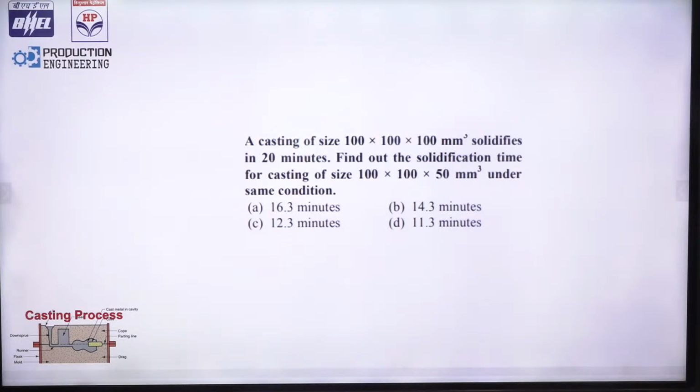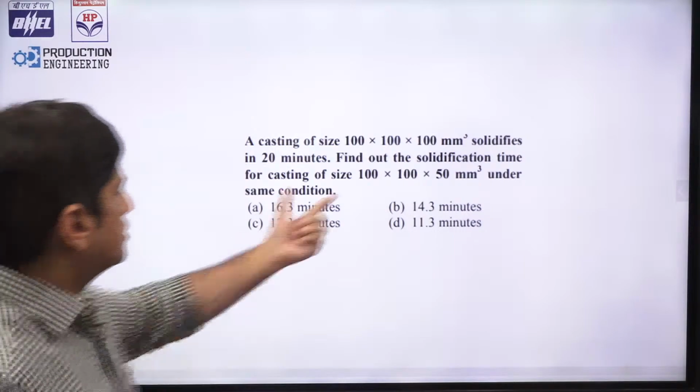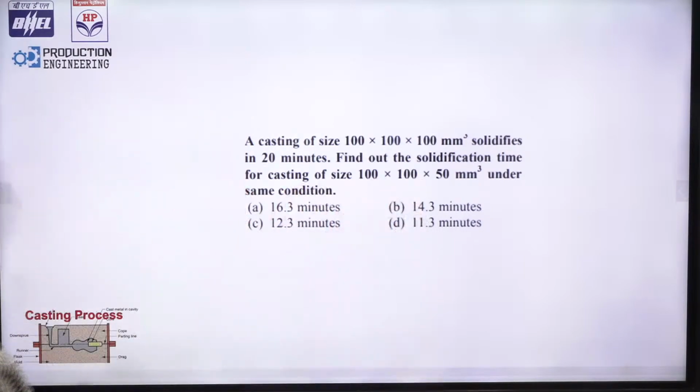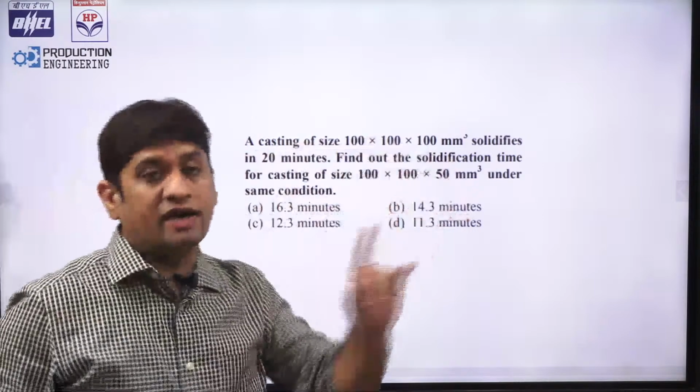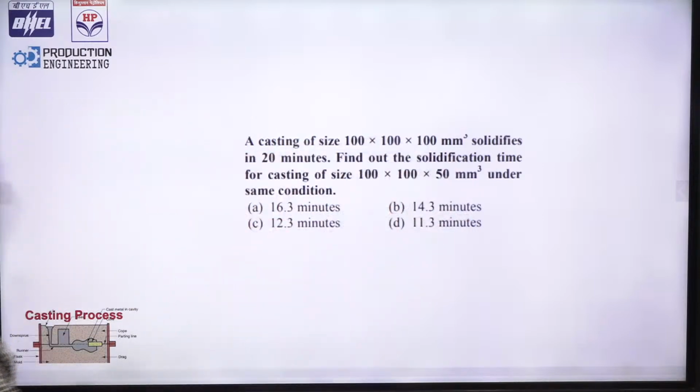Okay, this is also a good question. A casting of this size solidifies in 20 minutes. In the same condition, what will be the solidification time for a casting of this size? So first, he has given you a size and the solidification time of 20 minutes, so this question is related to solidification time.